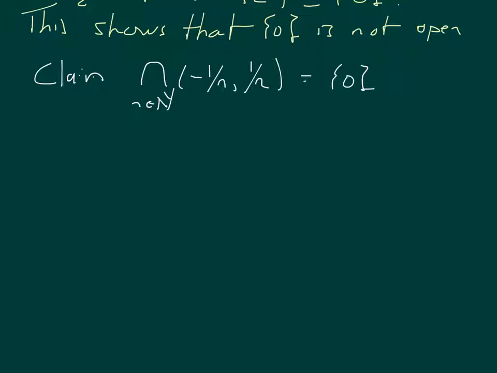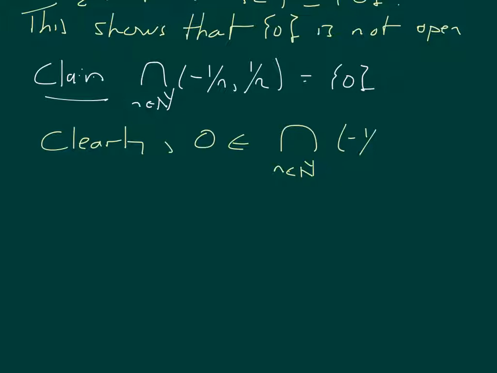Well, clearly 0 lies in this intersection. After all, 0 lies between minus 1 over n and 1 over n for any n, so 0 is in the intersection of all of these sets.